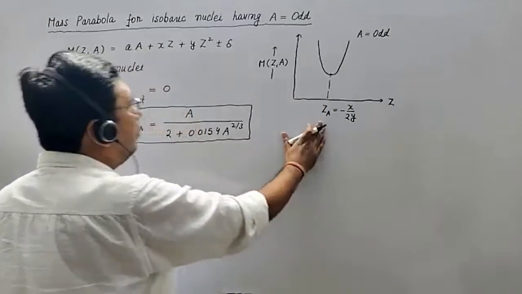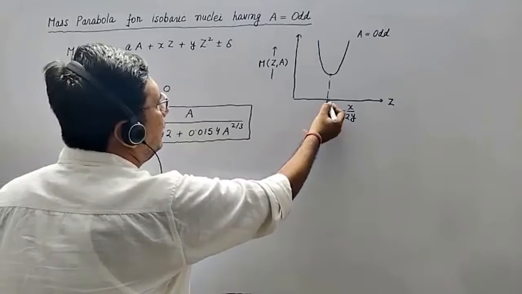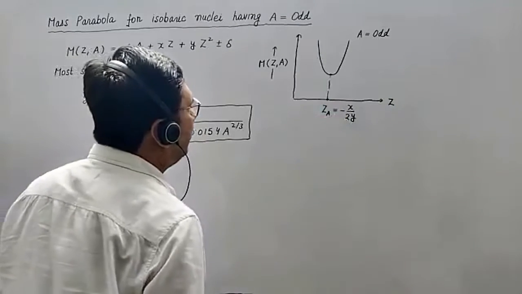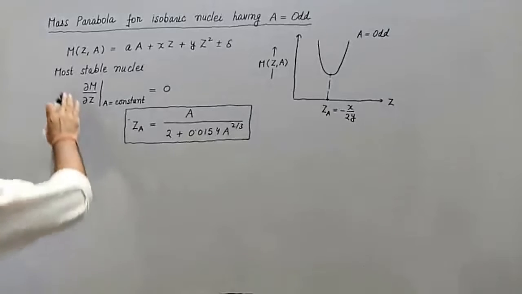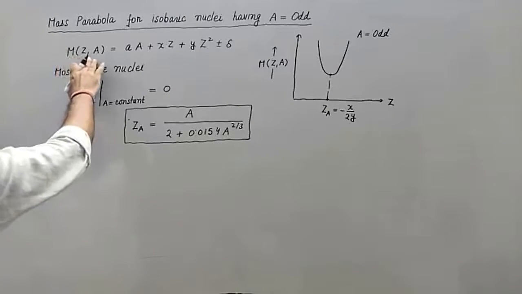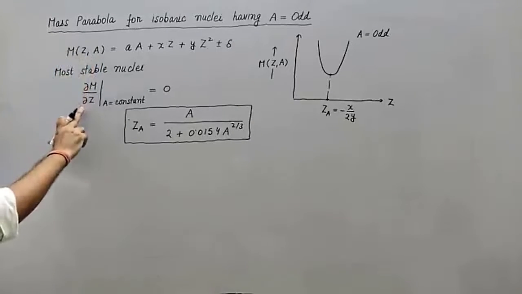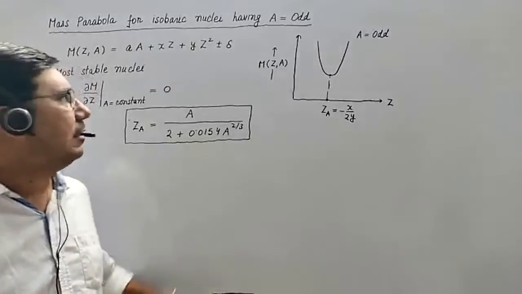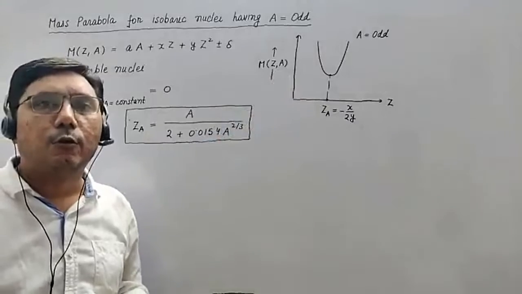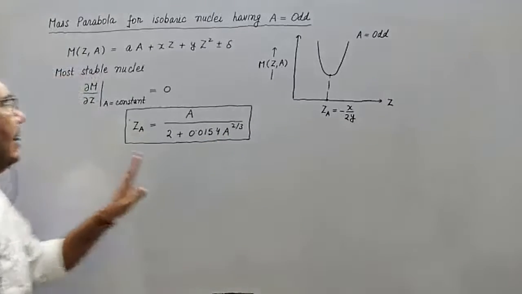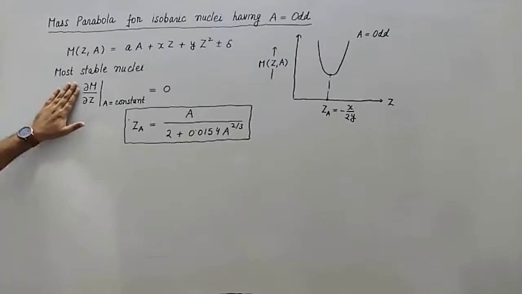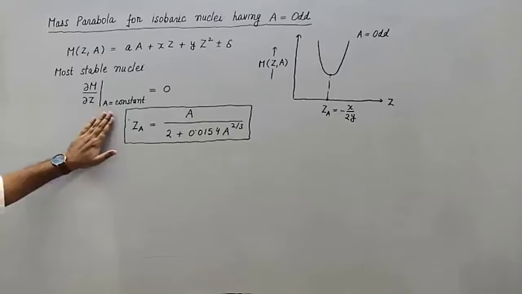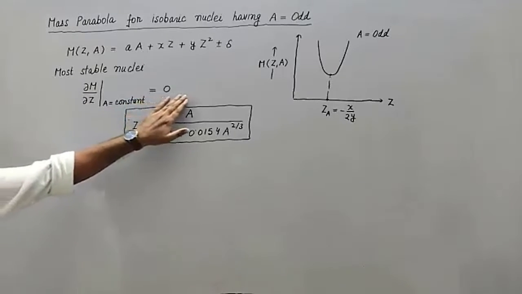For the most stable nuclei, the mass will be lowest. So we have applied the condition of the minima: del M by del Z at A equal to constant will be equal to 0.